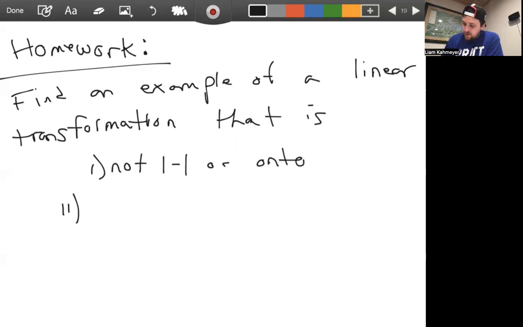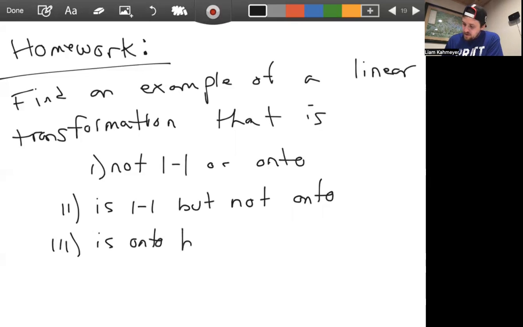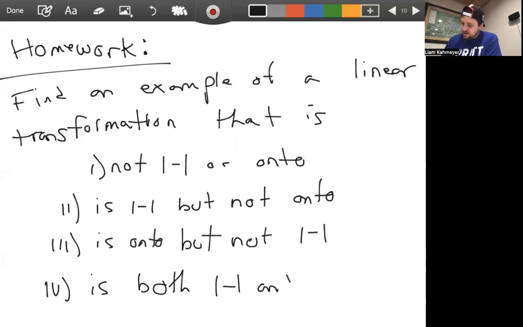I want you to find one that is one-to-one but not onto. I want you to find one that is onto but not one-to-one. And I want you to find one that is both one-to-one and onto. Not the last example.